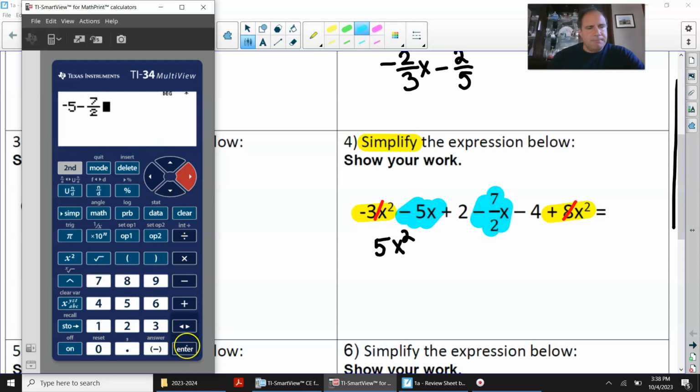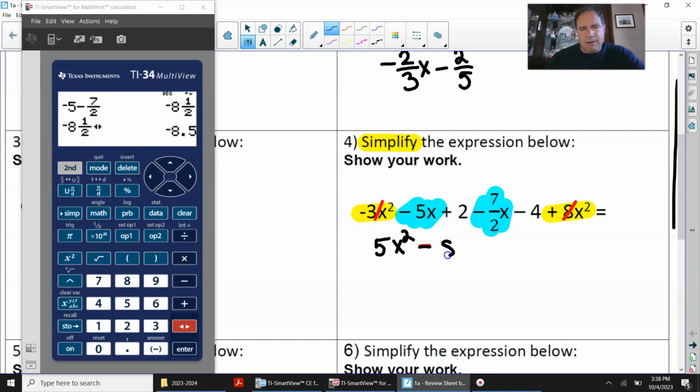Just like that. And it's 8.5. So if I press this double arrow, it'll tell me negative 8.5. It'll convert that from a mixed number to just a nice decimal that we could use. So we have negative 8.5, and that makes sense. Negative 8.5, and that's x.